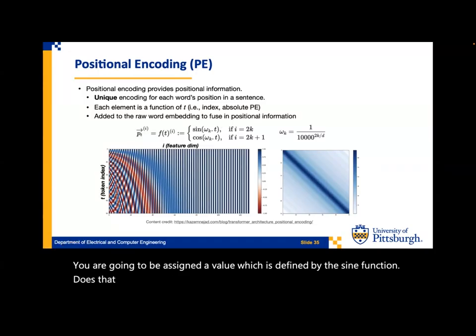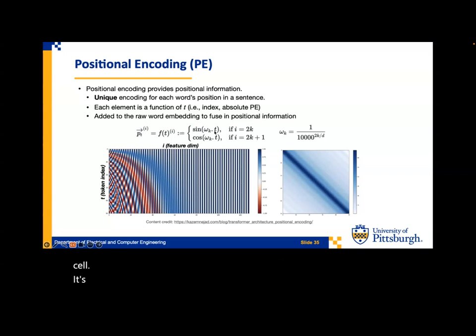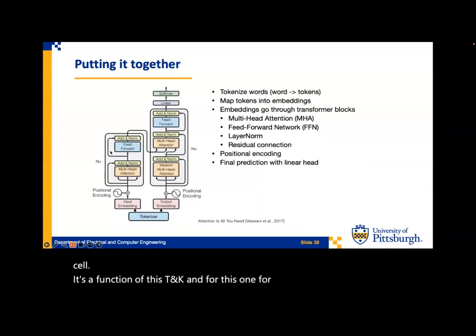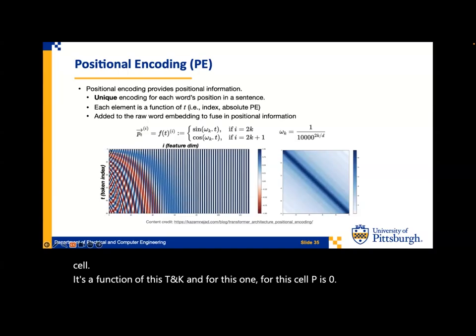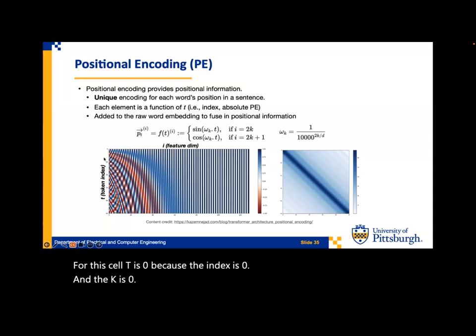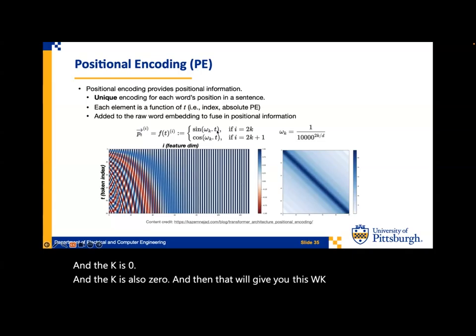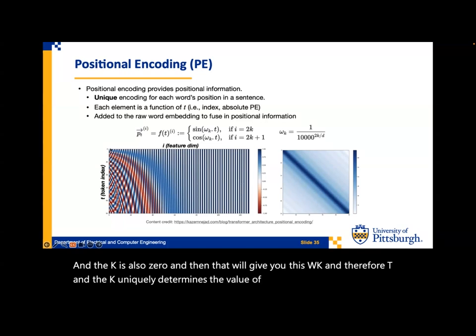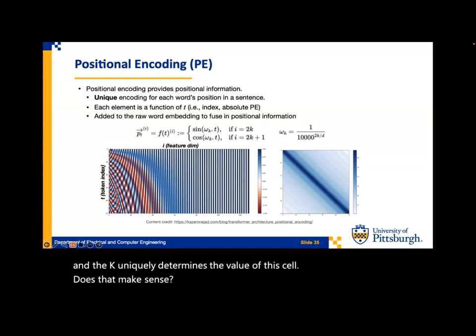Does that make sense? So this particular cell, the 0, 0 cell, is a function of t and k. For this cell, t is 0 because the index is 0, and k is also 0. Then that will give you this wk, and therefore t and k uniquely determine the value of this cell. Does that make sense?